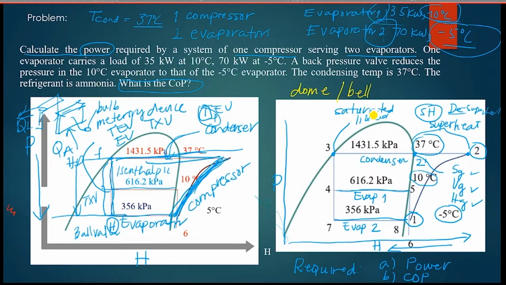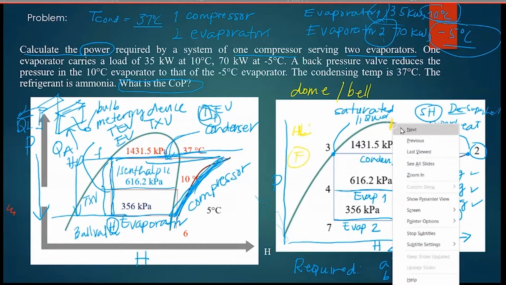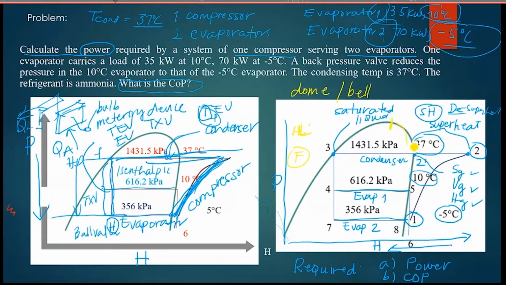So this half left, as a review, this half left is a saturated liquid, so F. Then here, from here up to this, all those points that are coinciding with the line, you will get vapor.